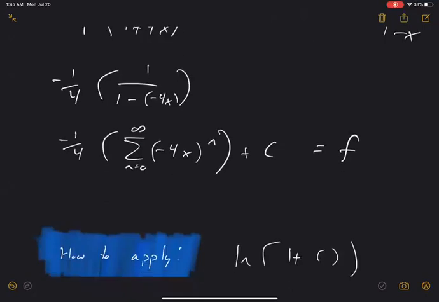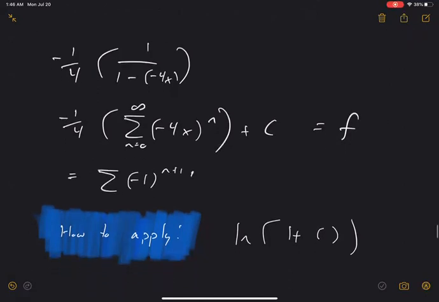So this should be my power series for my f, and I could bring this negative 1/4 inside and simplify things. It should simplify as this. Double check me on that. So I got this power series plus a constant equals my function.